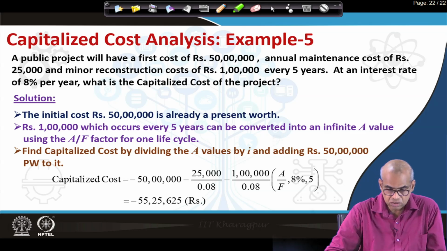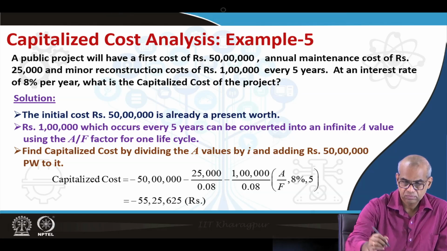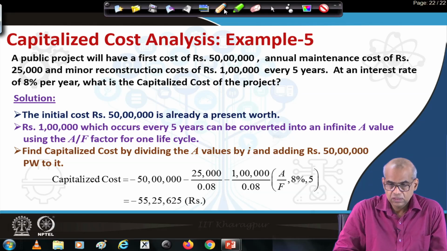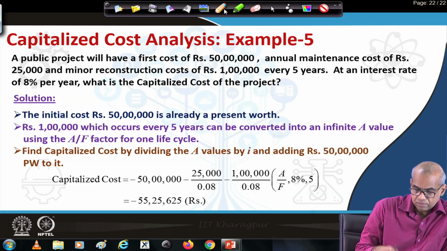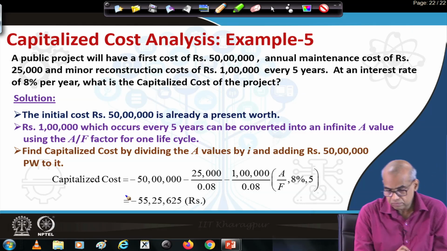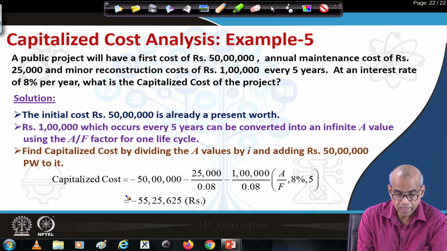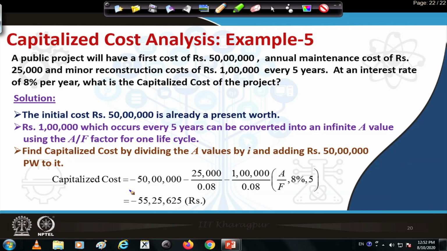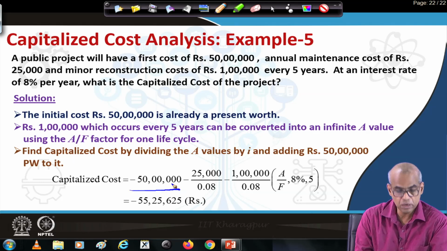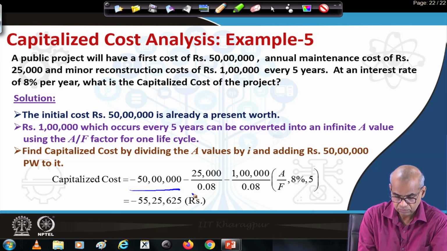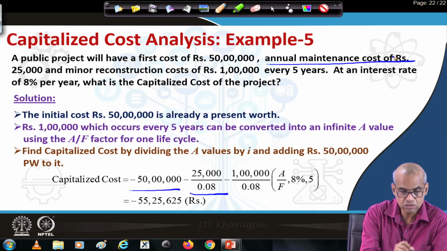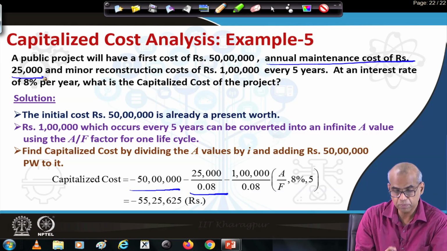So, capitalized cost can be obtained as follows. See, this minus sign is taken to emphasize that this is a negative cash flow. 50 lakhs which is already present worth, 25,000 annual maintenance cost, so that is A, 25,000 for this. So, A by I, where I is 8%, so 0.08.